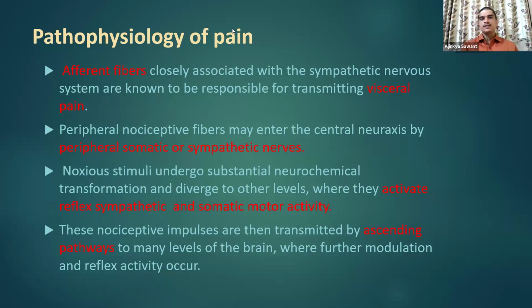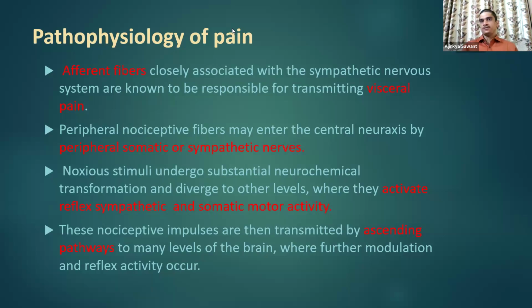Which are the ascending pathways which carry nociceptive or pain signals to the brain? Anterolateral pathways: the anterior spinothalamic tract and the lateral spinothalamic tract, AST and LST.